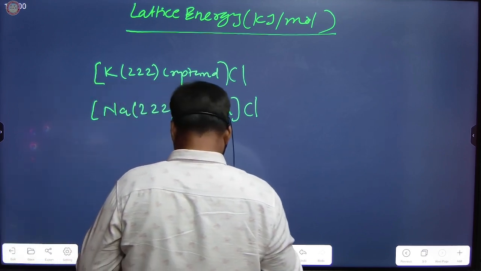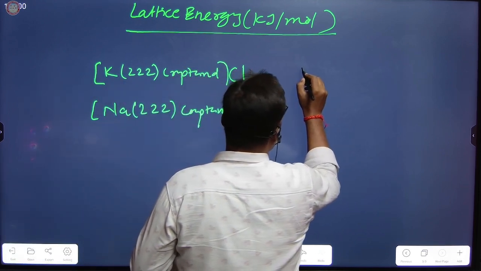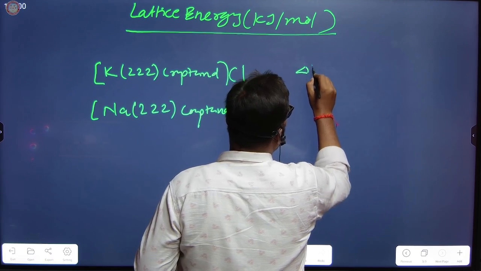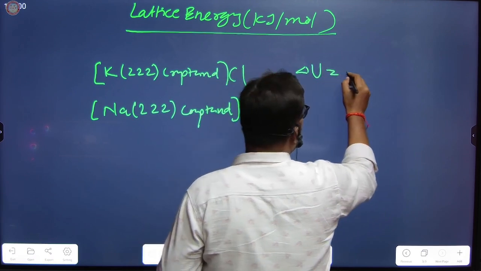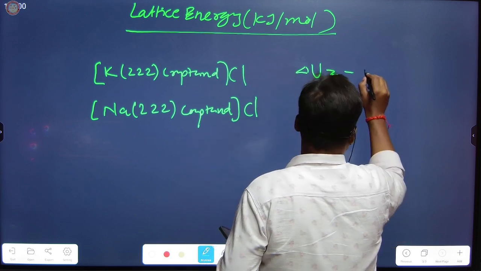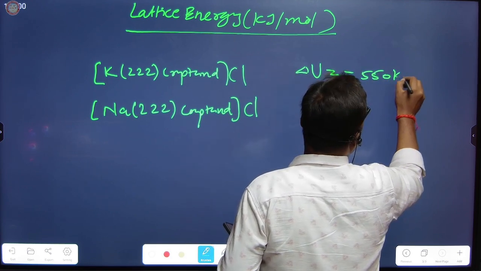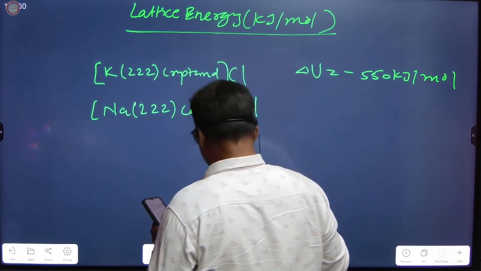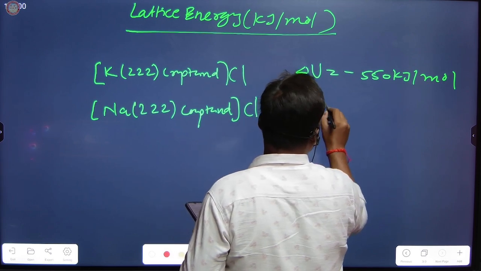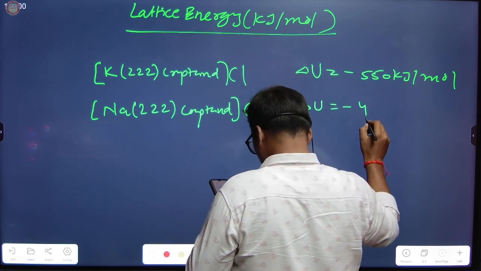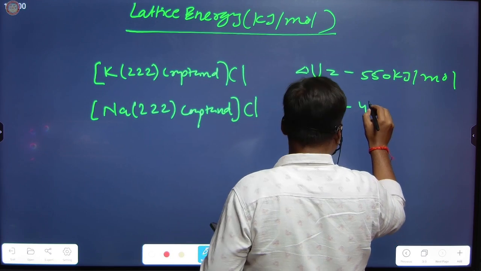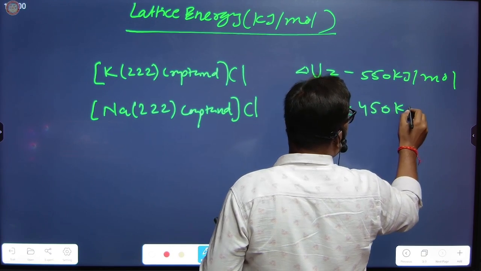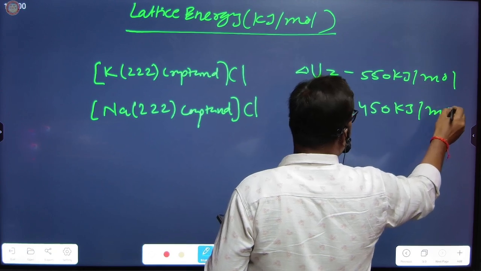The potassium one has lattice energy around delta U equal to minus 550 kilojoule per mole, right? And this structure has only delta U minus 450 kilojoule per mole.